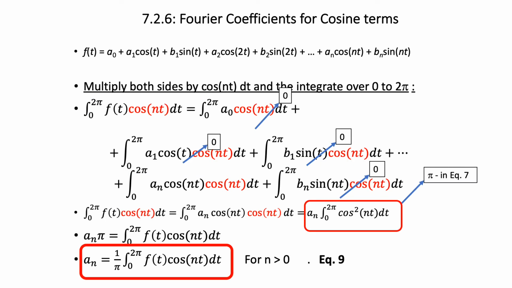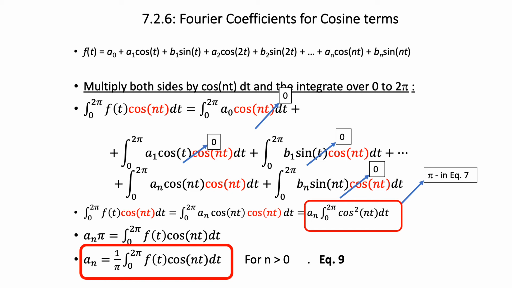In this slide, let us walk through finding Fourier coefficients for the cosine term. From the basic equation 0, let us multiply both sides by cos nt and integrate over 0 to 2 pi. Based on equations 1, 2 and 3, most of the elements on the right hand side are 0, leaving us only the integral of an times cos nt times cos nt, which equals an times the integral of cos square nt dt.